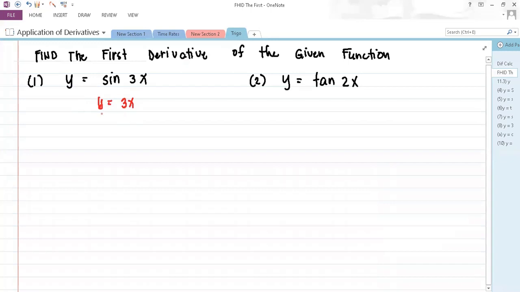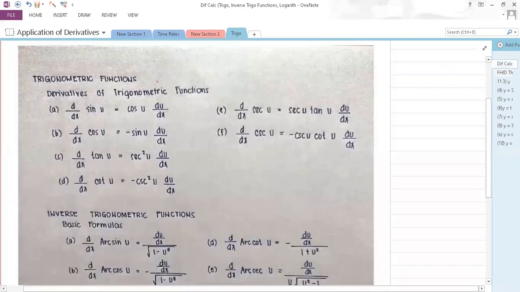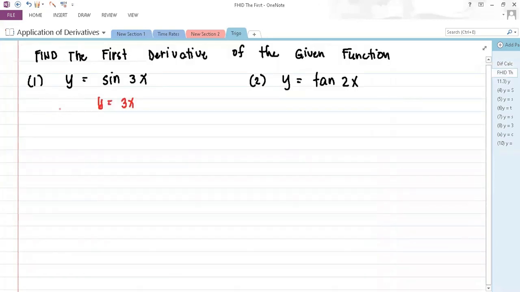What is the derivative of sine? The derivative of sine is cosine. So dy/dx is the cosine of u, which is 3x, multiplied by the derivative of u with respect to x.